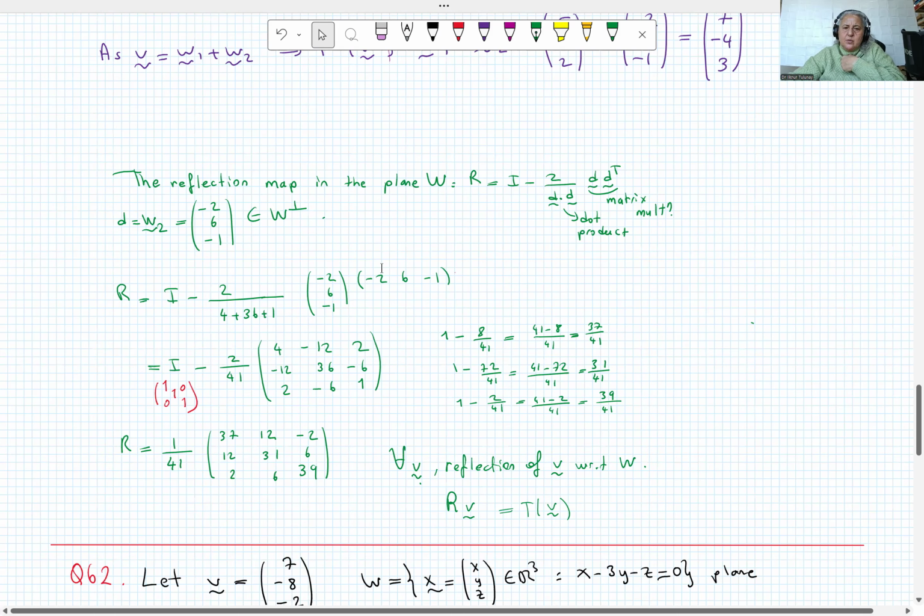So multiply this: this is 3 rows, 1 column, and you have 1 row, 3 columns. When you multiply these two matrices, you will have a 3 by 3 matrix. This times this will be 4. This times this will be -12. This times this will be +2, and so on. That's matrix multiplication as you practice, row by column.